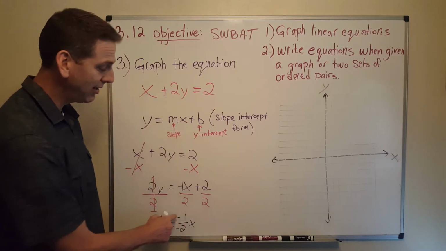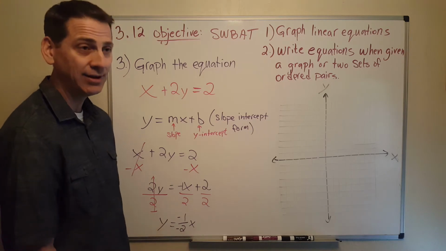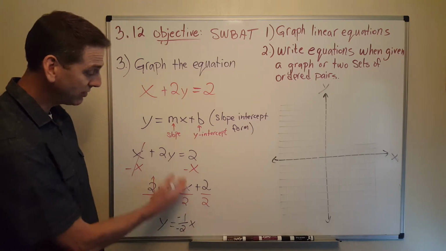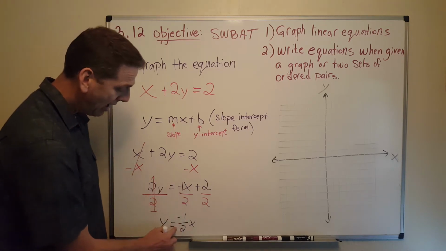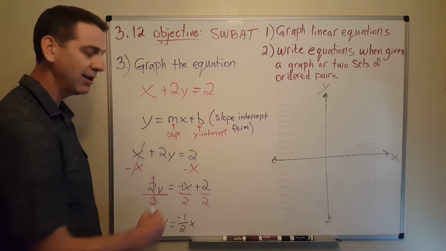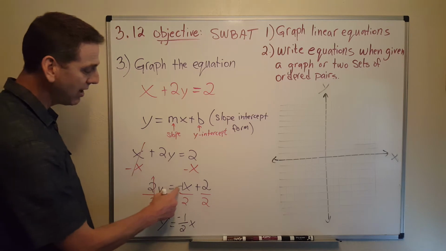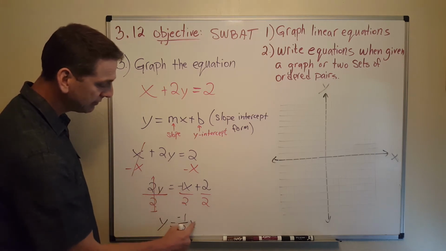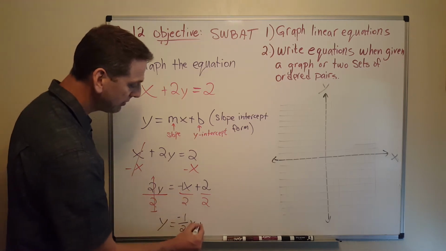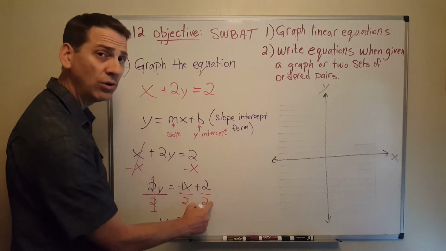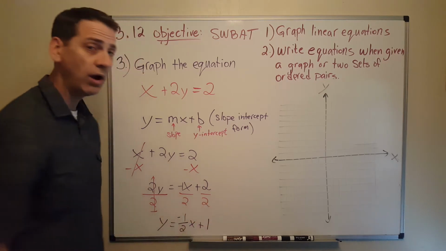If you do that, a negative divided by a negative is a positive, and you end up with a positive 1/2, which is not what we have. I prefer to put the negative sign on the top, in the numerator. So I get negative 1/2 x plus 2 divided by 2, which is 1.